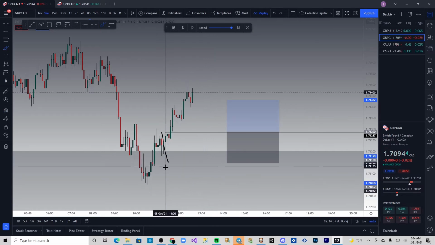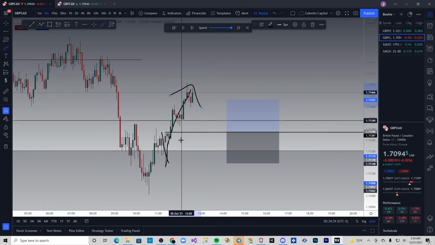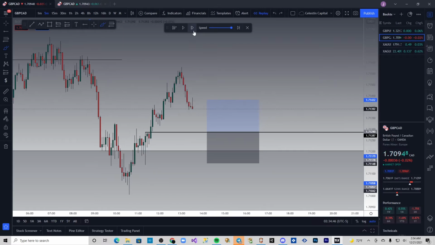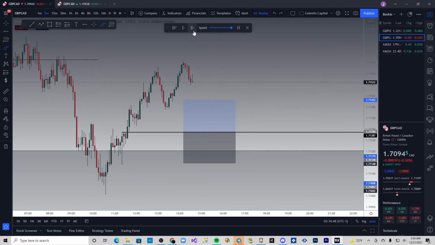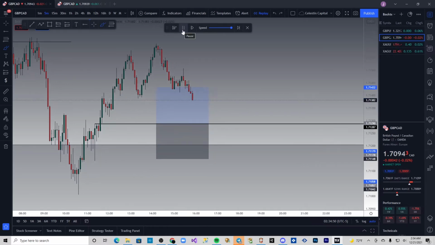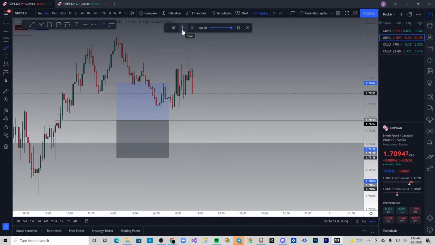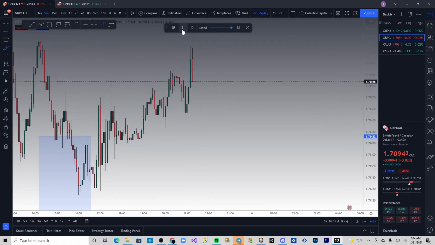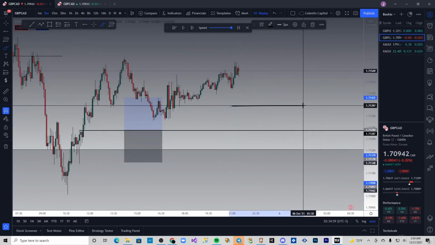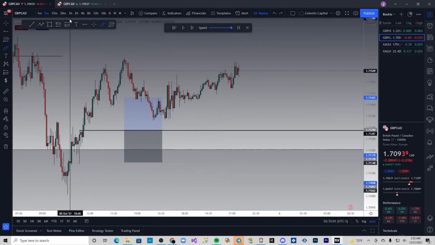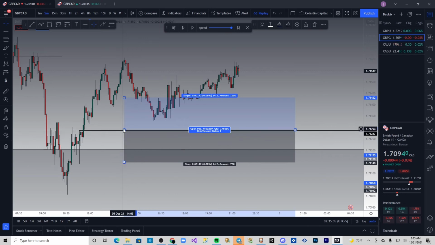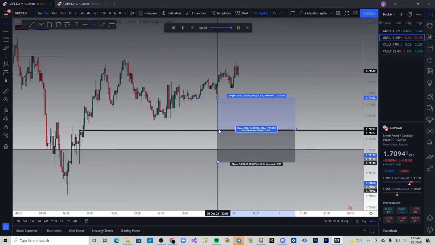Liquidated those lows, and then an impulsive move to the upside. So we want to look for a mitigation of this area, of the zone. See if we get that. Play this like this. Let's see. All right. See, we came close. Let's see if we get a chance to get in.